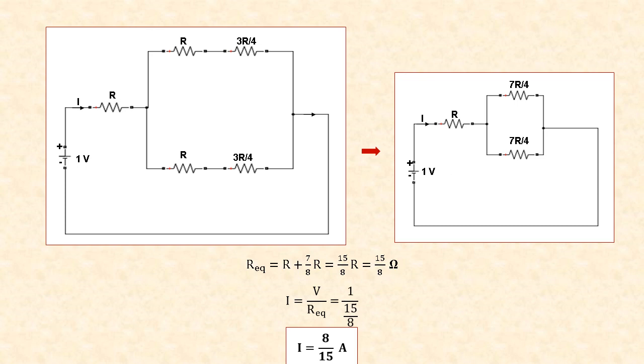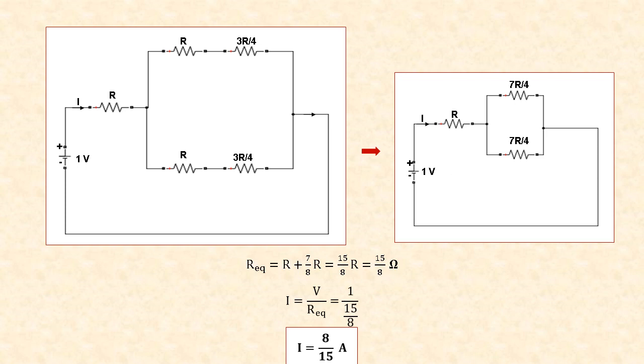Now the resistors R and 3R by 4 are in series with each other. So their equivalent resistance will be R plus 3R by 4, which is equal to 7R by 4. So these two can be replaced by 7R by 4. Now these two 7R by 4 resistors are in parallel.